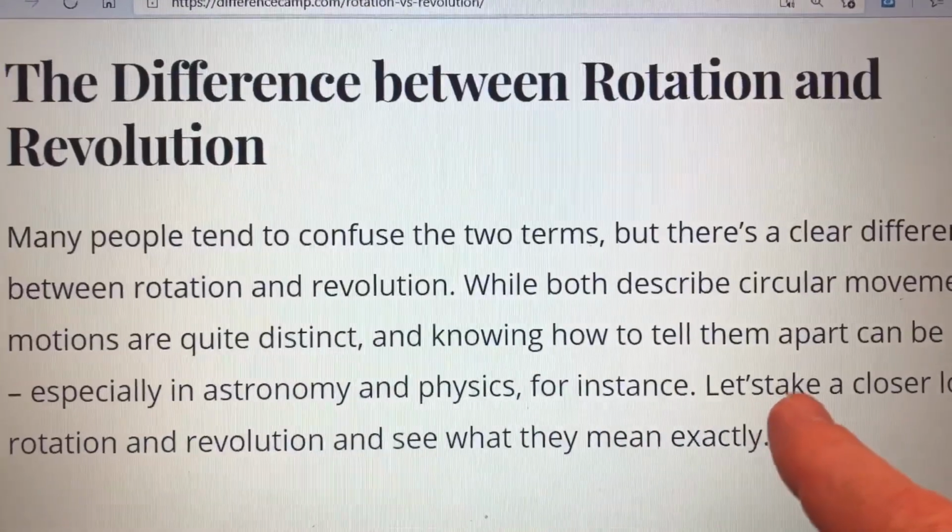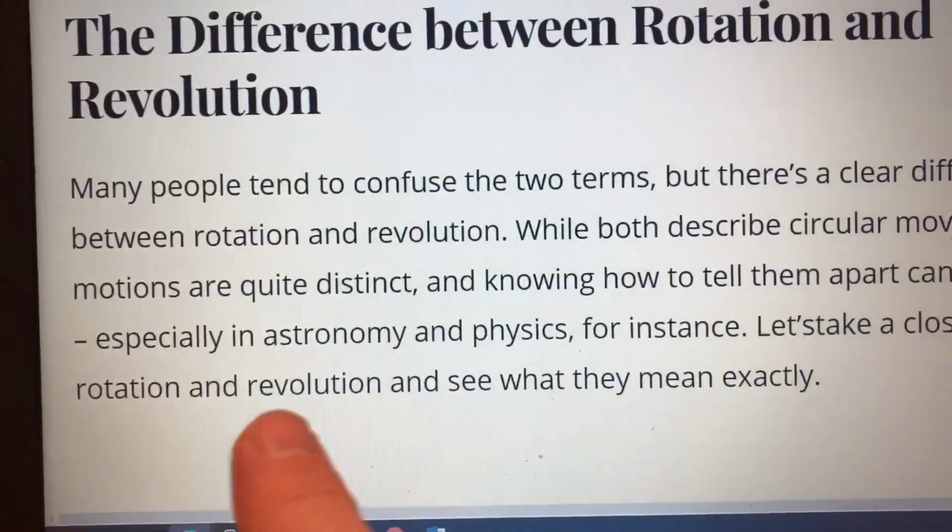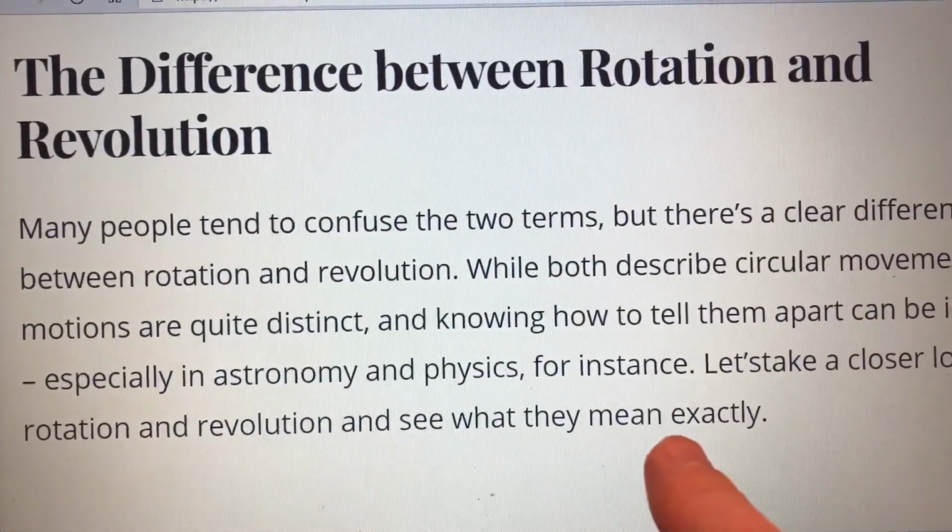For instance, let's take a closer look at rotation and revolution and see what they mean exactly. So in your notebooks, you can write rotation and revolution so that we can then write the definition and we can know the difference between the two. It is important to understand day and night, okay?